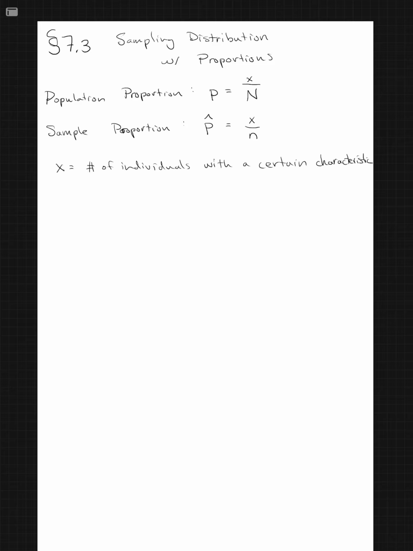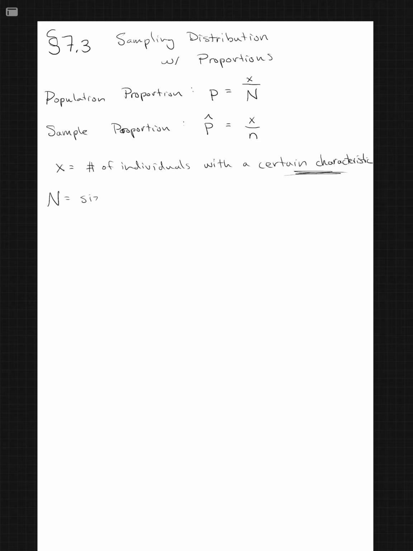If you want to know the proportion of people who own a dog, then X is going to be the number of individuals who own a dog, right? If you want to know the proportion of beetles who show up in a certain area of your experiment, then X is going to be the number of beetles that show up in that area of your experiment, right? It's the number of people with a certain characteristic that you care about.